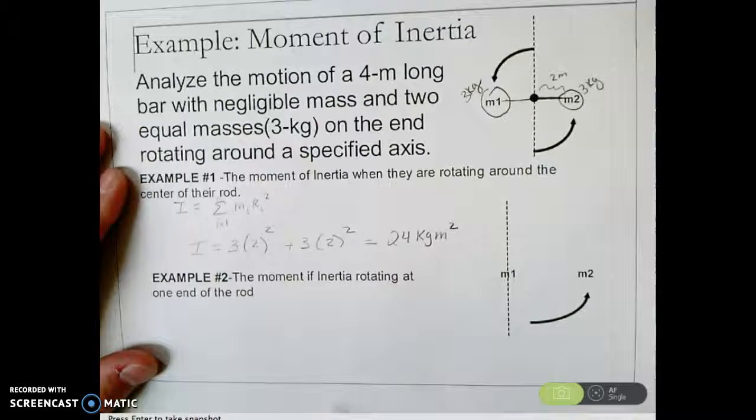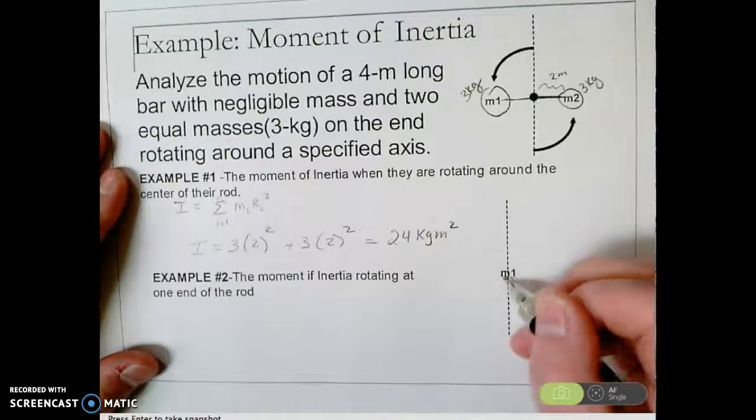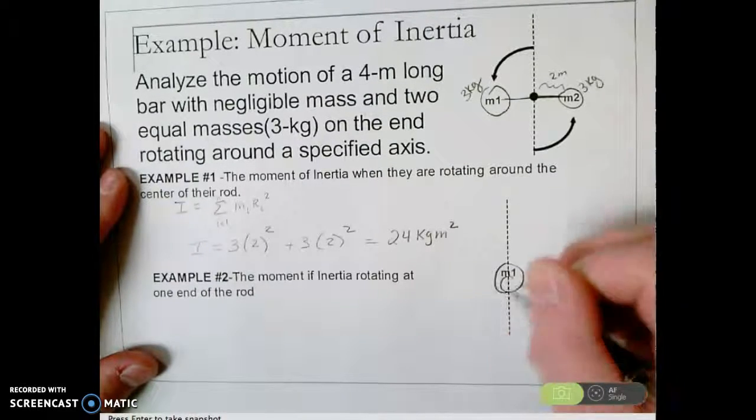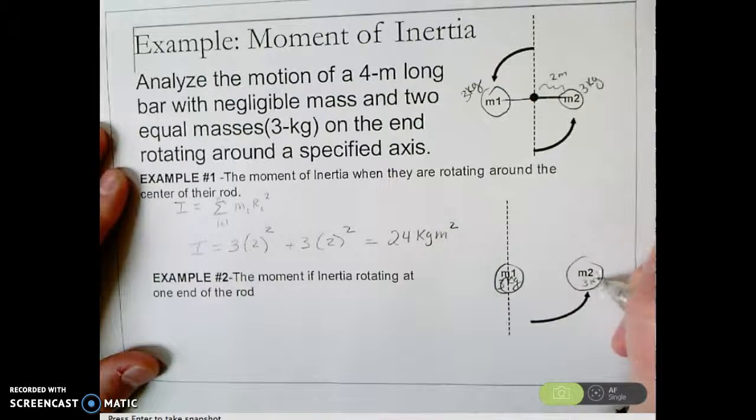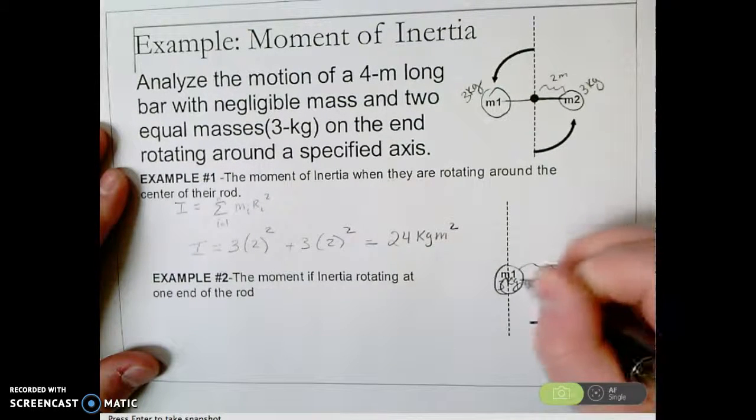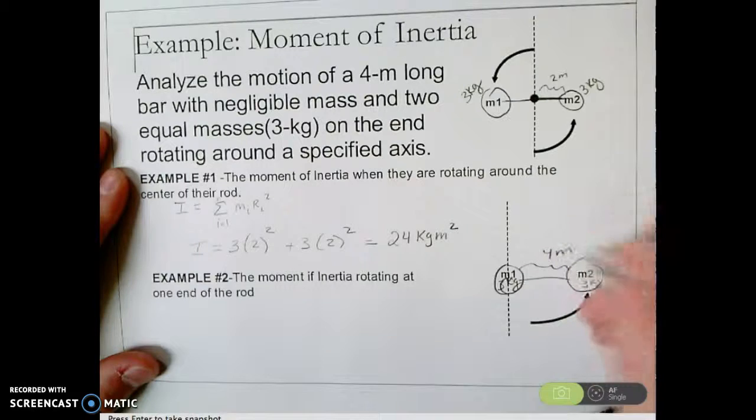Now, if it is rotating around one end of the rod, so if instead we have the 3 kilogram mass here, 3 kilogram mass here, and now the distance between them is 4 meters, then we would look at the distance.